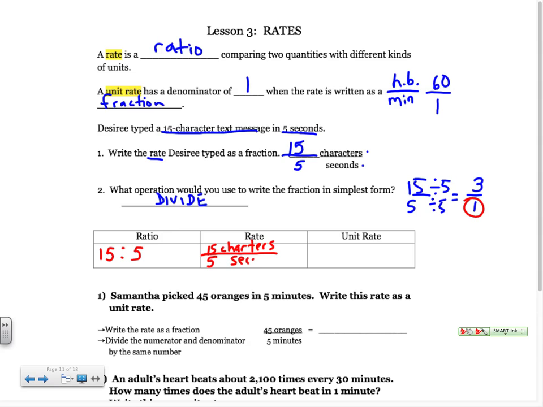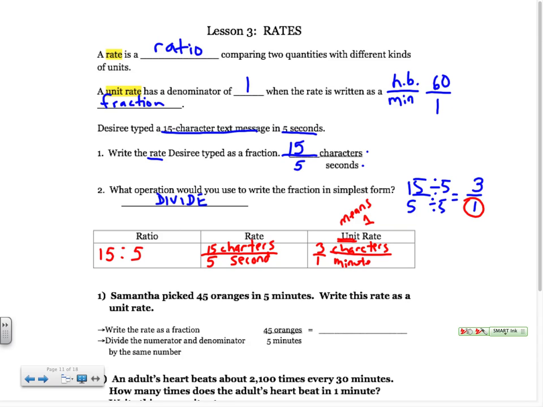And a unit rate, again, always remember unit always means 1. So we have to have that denominator of 1. So my unit rate would be 3 to 1. 3 characters are typed in 1 second.